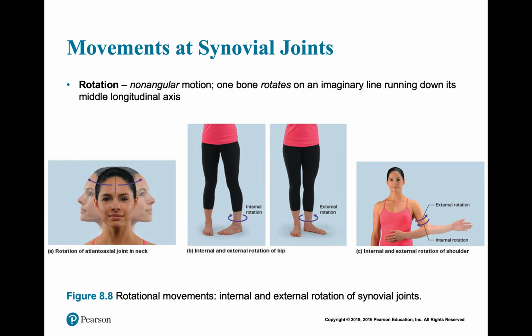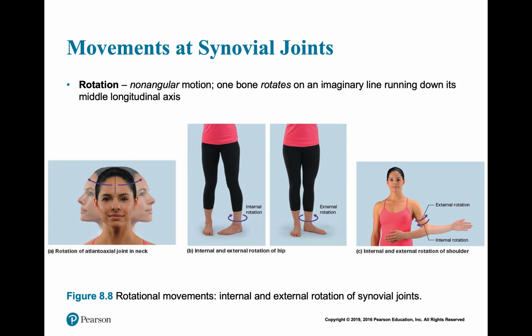Rotation can occur between the cervical vertebrae of your neck, and more specifically between the two you remember learning: the atlas, which is C1, and the axis, which is C2. The axis has that dens structure, that tooth-like projection that sticks straight up, and it's the atlas that rotates around it.